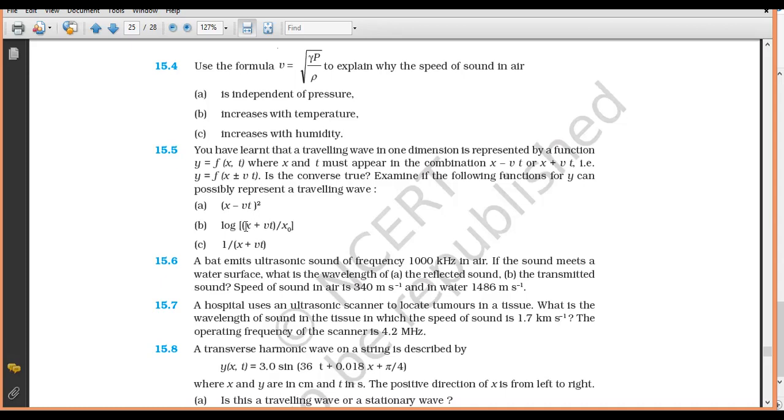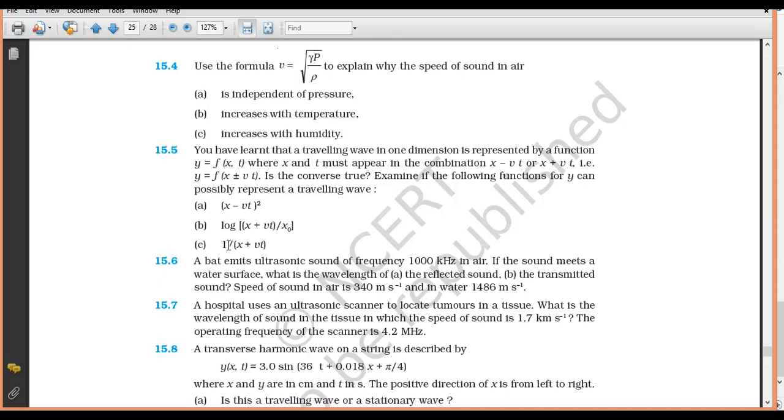So log 0 is undefined from your mathematics, right? Similarly, if I put x equal to 0 and t equal to 0, 1 by 0 is undefined. So for this reason, these two cannot represent the waves.